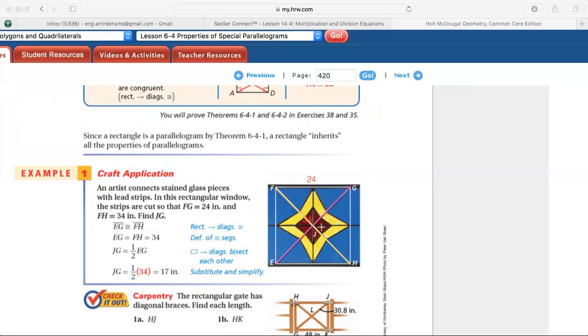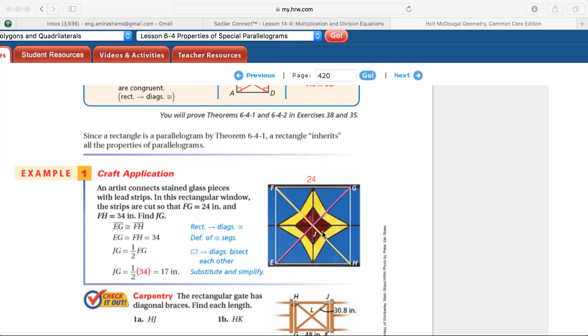Okay, JG, this one that is required, is half EG. Why? Because we said that the rectangle is a parallelogram, so it takes all the properties of the parallelogram. And one of the properties of the parallelogram is that its diagonals bisect each other.